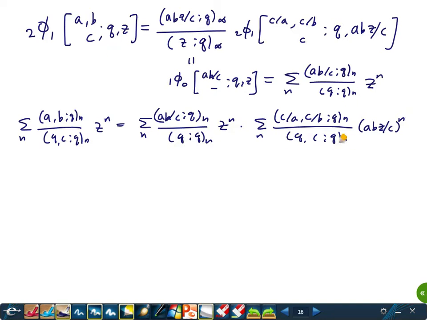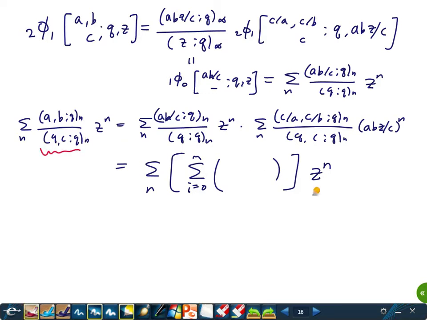But here we can deduce another identity because you can write this as a single sum, right? If you collect z to the n, then you get a sum over i from 0 to n, with the ith coefficient times the (n minus i)th coefficient. I'm not going to write that down. If two series are the same, their coefficients must be the same. So we have an identity like summation equals product.